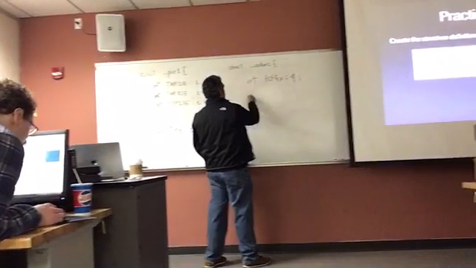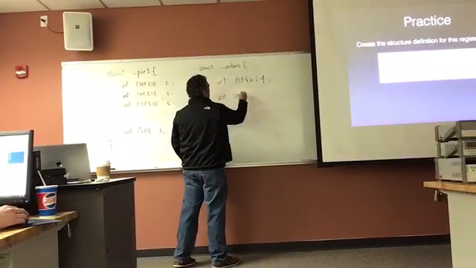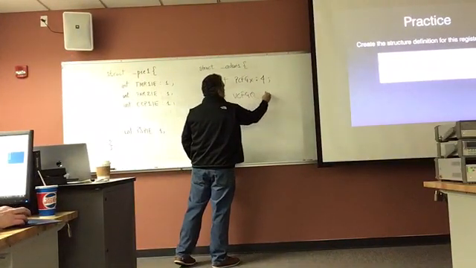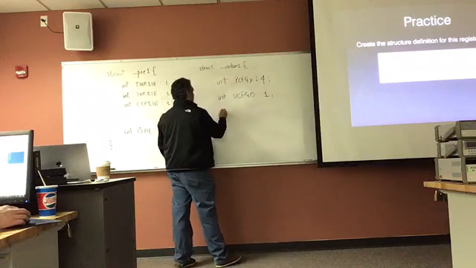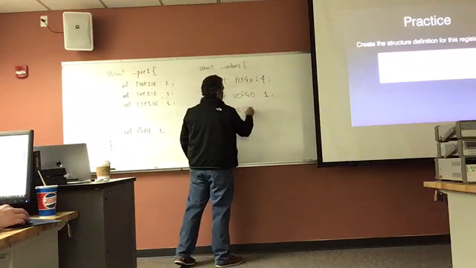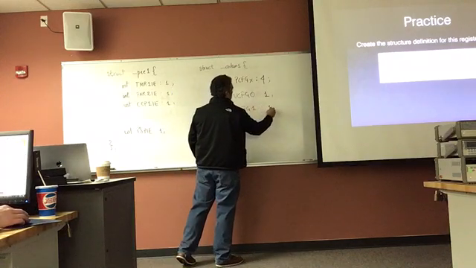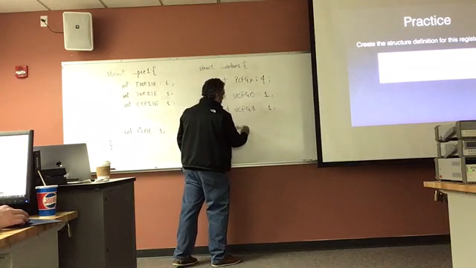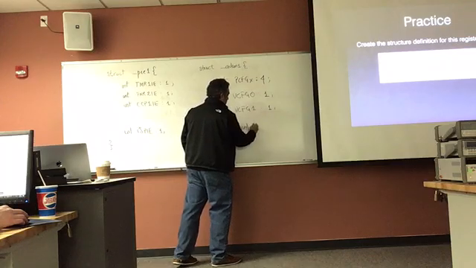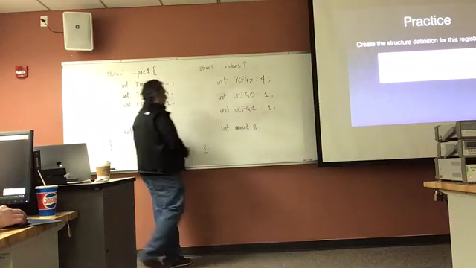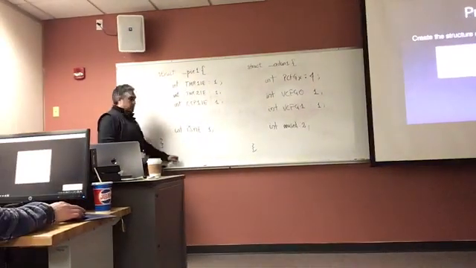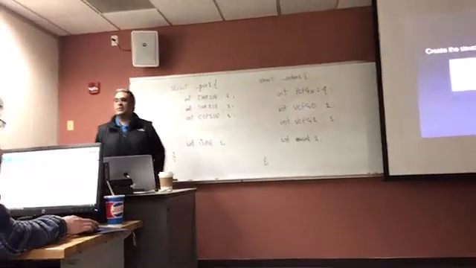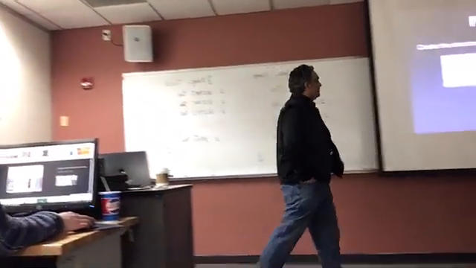And then we do int BCFG0, and that's 1 bit. And then we do BCFG1, and that's 1 bit. And then we go int, and then I'm going to put unused, and I'm going to say 2 bits. And that gives me the proper register, right? Okay?